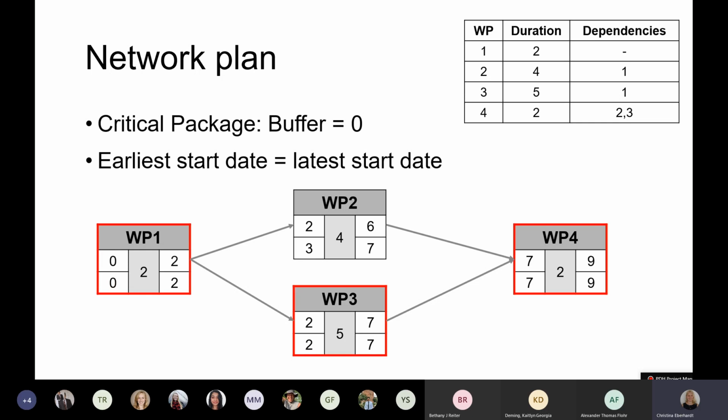Those packages we refer to as critical packages because they have a buffer of 0. The buffer is always the difference between the earliest and latest. Well, technically latest and earliest. And therefore we can figure out what the buffer is.